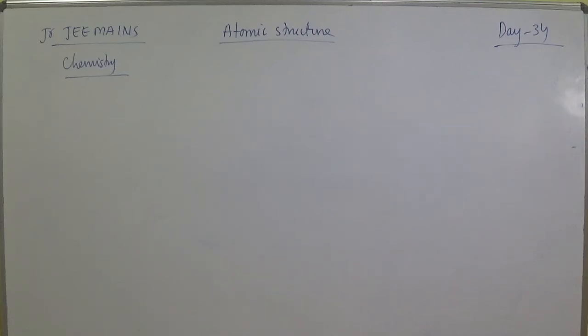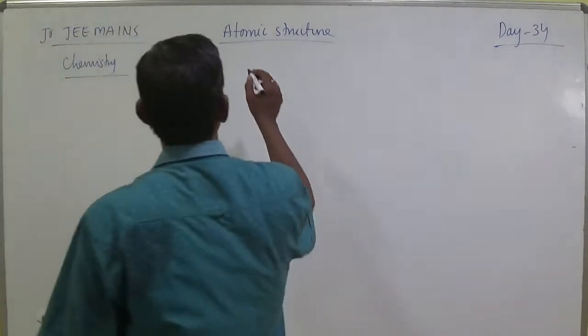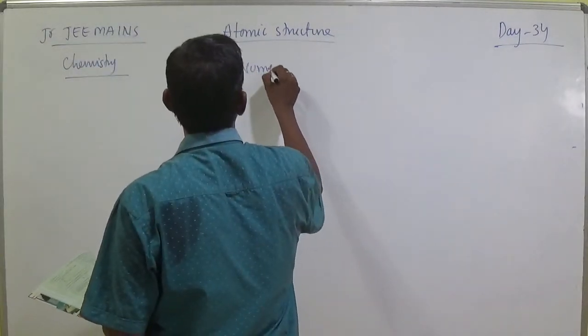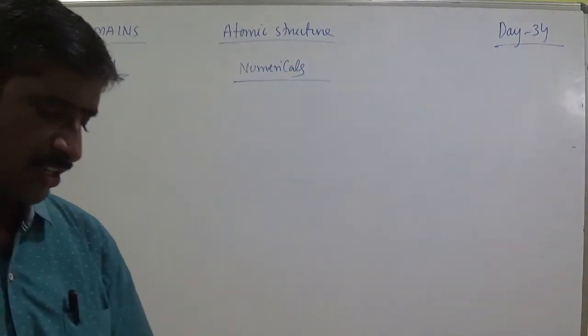So write down the problems. First point: numericals on wavelength, frequency, velocity of light.